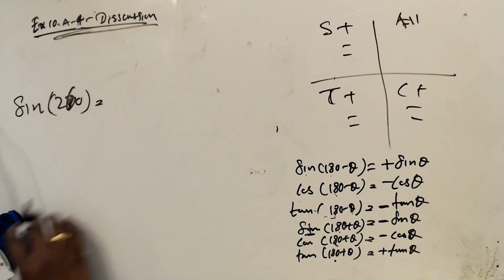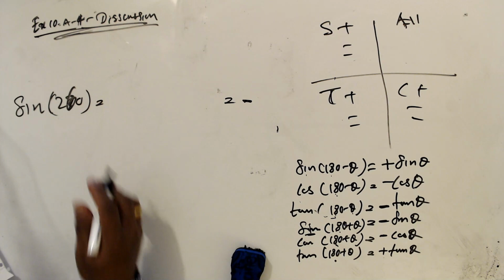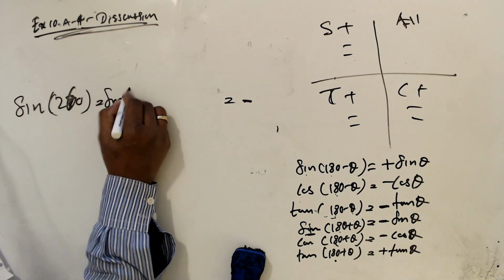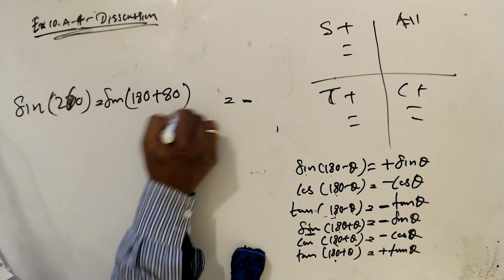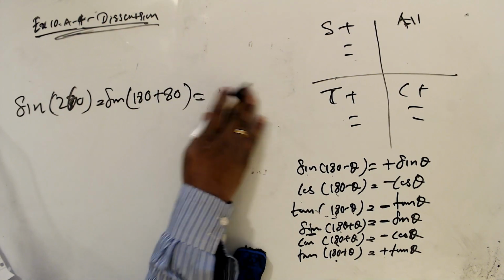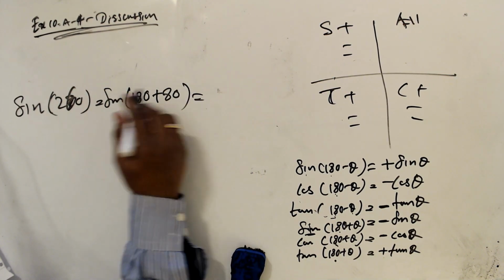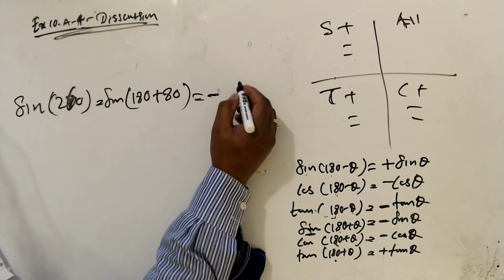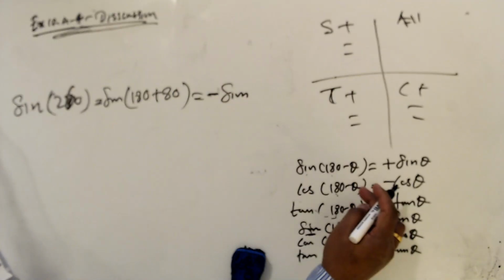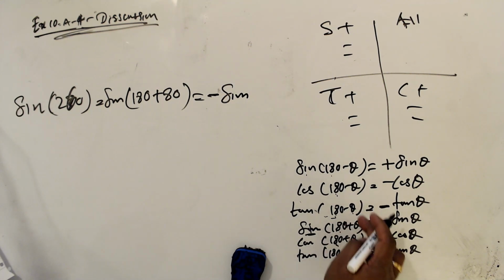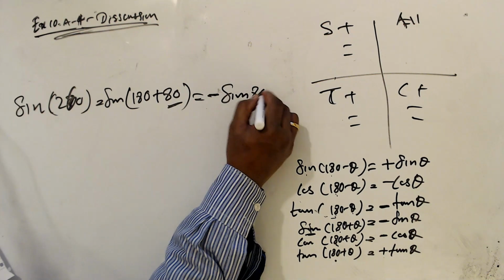So now I know the sign is going to be negative. Now I write sine with the help of 180. 180 plus 80. And since it is in the third quadrant, sine is negative, and then simply sine, and I apply this rule, 180 plus theta. Simply write the 80.